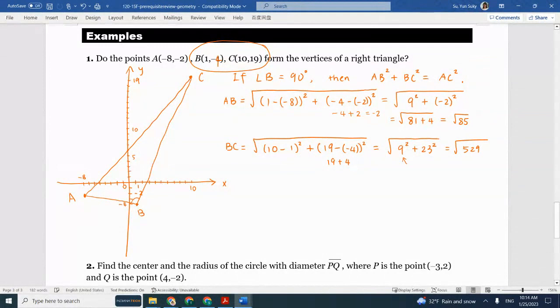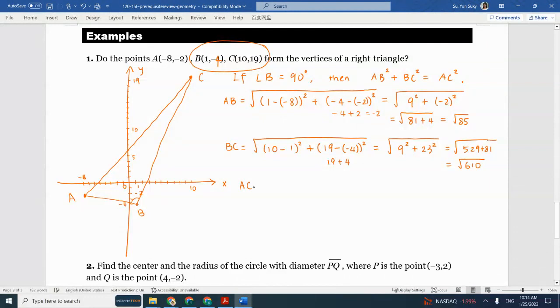Did you also add the 9 squared? 81. So when we add them, what do we get? Is it 610? Right, everybody? Yes, 610. Thank you. So this is the distance between points B and C.